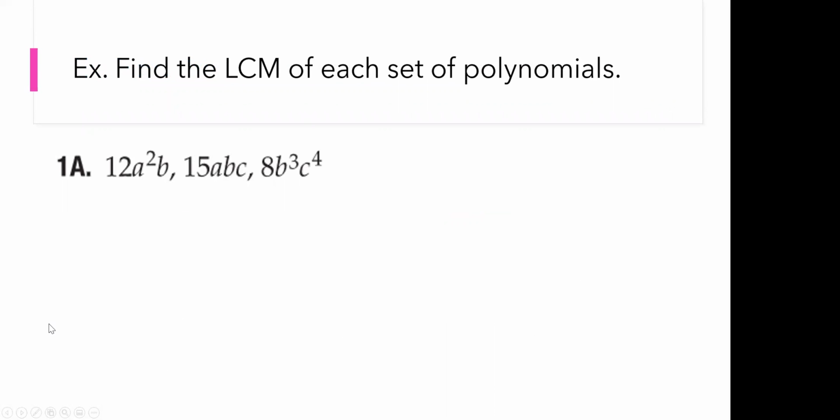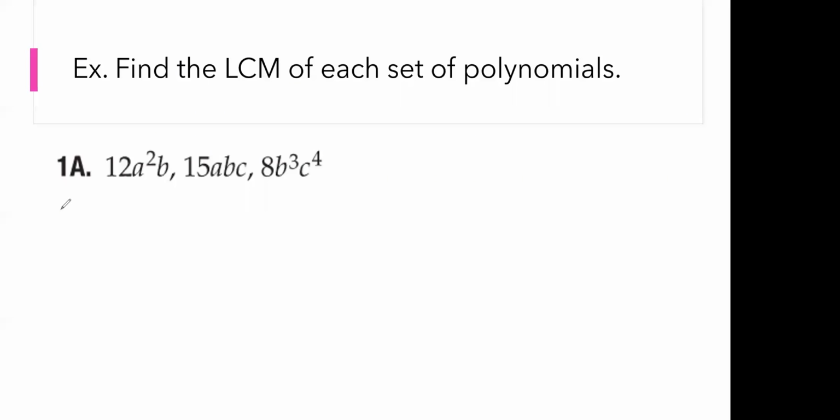Okay, so this problem says to find the least common multiple of each set of polynomials. The first thing I would do is break down and figure out the factors of each of these terms.